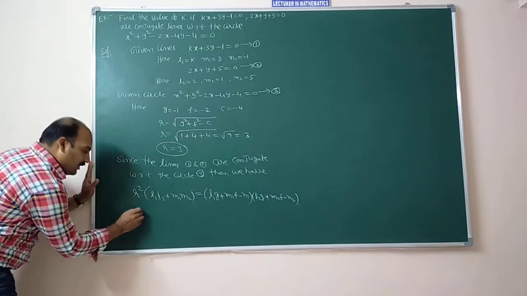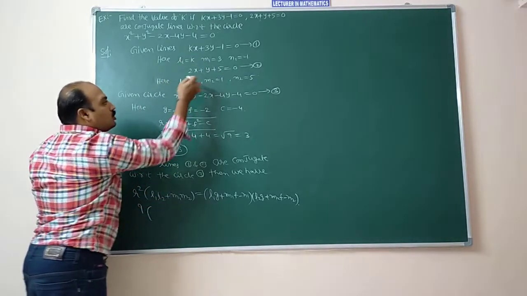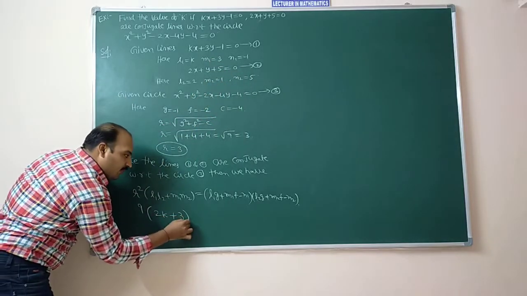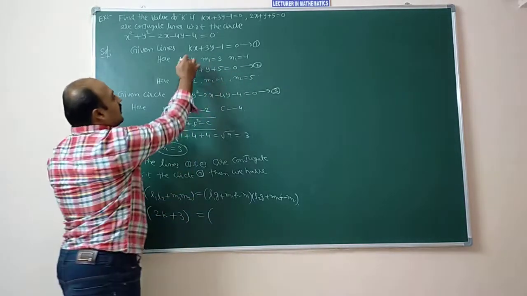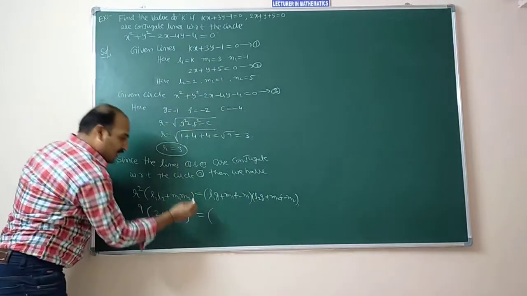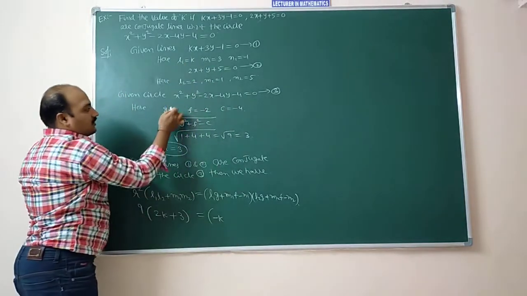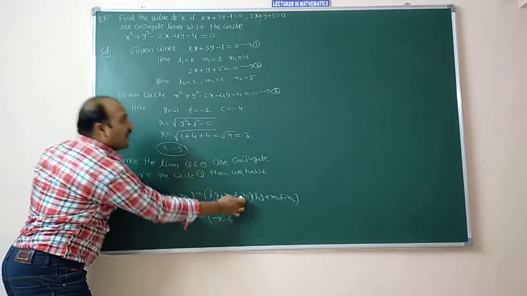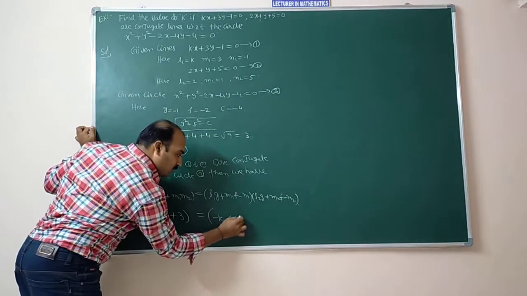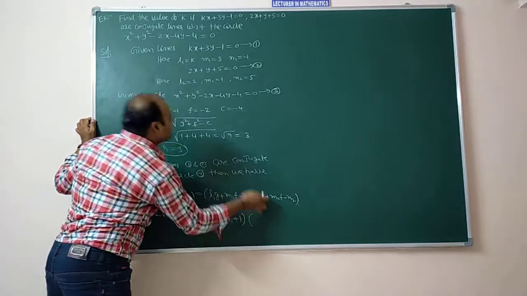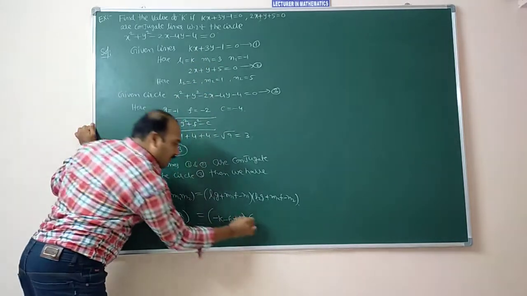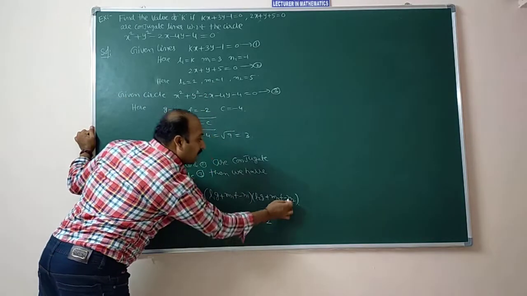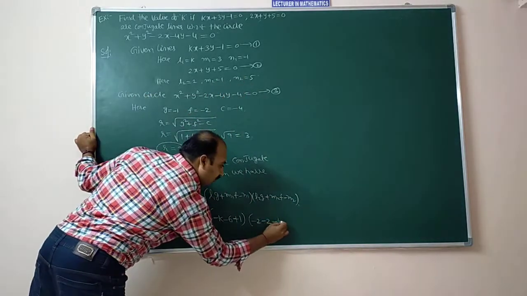R square, 3 square, that means 9, into L1 L2, k into 2, 2k, M1 M2, 3 into 1, plus 3, is equal to L1 G, k into minus 1, minus k. Next, plus M1 F, 3 into minus 2, minus 6, minus N1, minus of minus 1, plus 1, into L2 G, L2 means 2, 2 into minus 1, minus 2, M2 F, 1 into minus 2, minus 2, minus N2, minus 5.